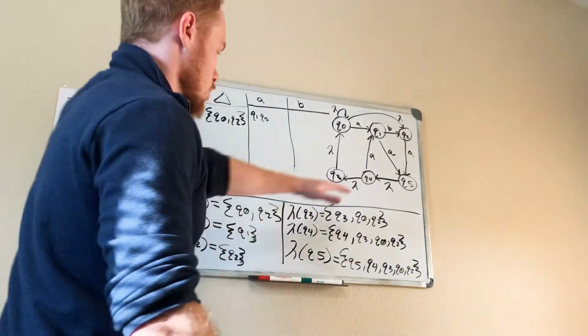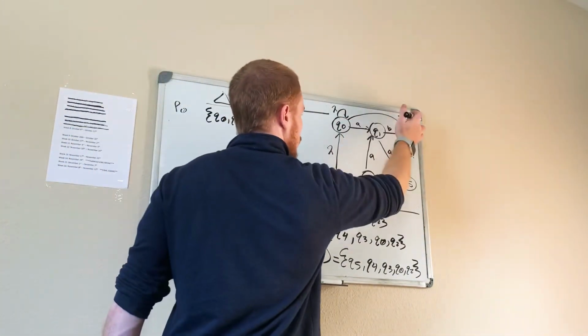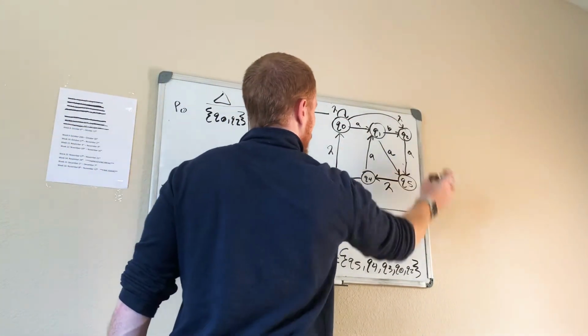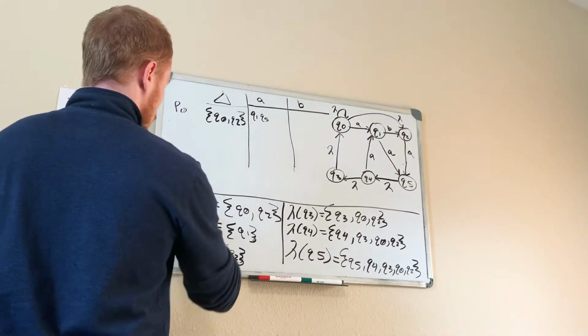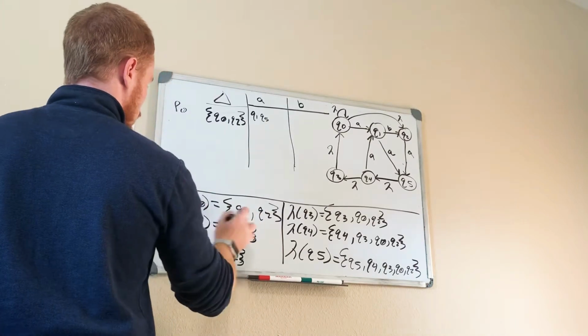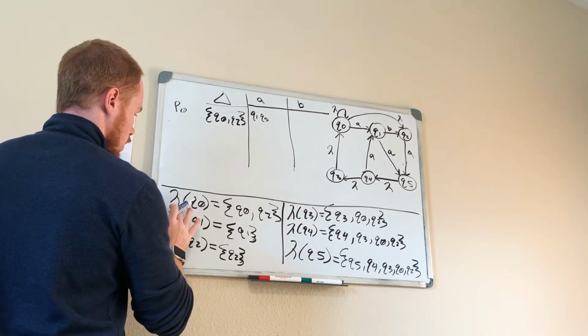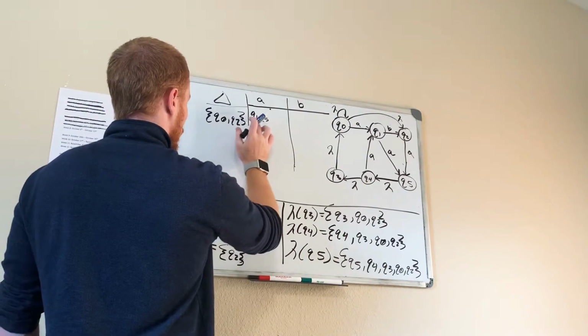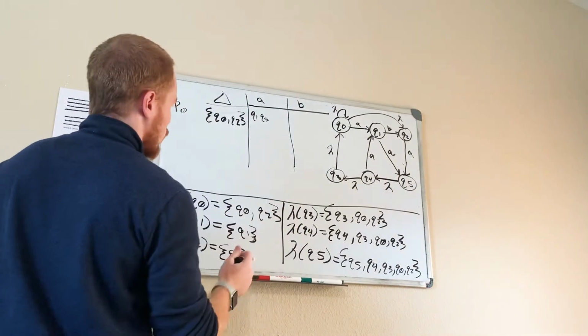Now this is where our lambda closures are going to come into play, because you notice from Q0 we can use lambda, then we can use our input A, because we can have a free ride and then we can grab our A. So basically what we're going to do is grab all of our lambda closures for Q1, which is Q1.